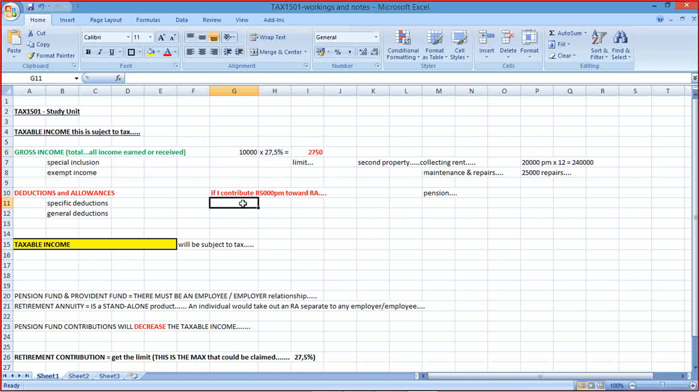So that's why this would be limited to 2,750. Only 2,750 will be allowed as a deduction.